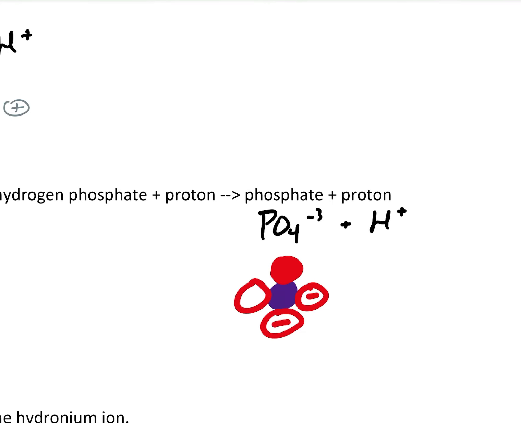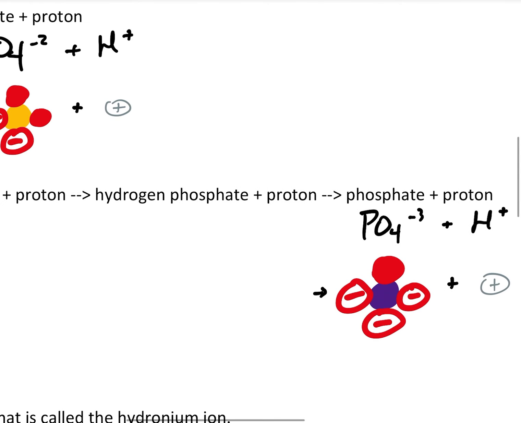So we're going to work this case backwards. There's your phosphate, and there's a proton there that got kicked off, that last one. Prior to this, we had what we're going to call hydrogen phosphate. Moving backwards, right? So there's your purple for your phosphate. 1, 2. Negative there. Negative there. And there's going to be a hydrogen connected to that one.